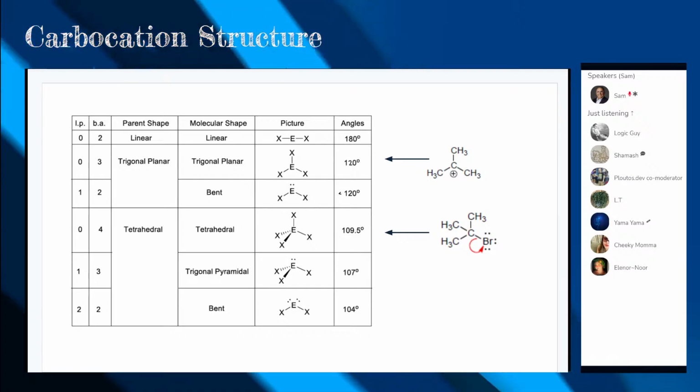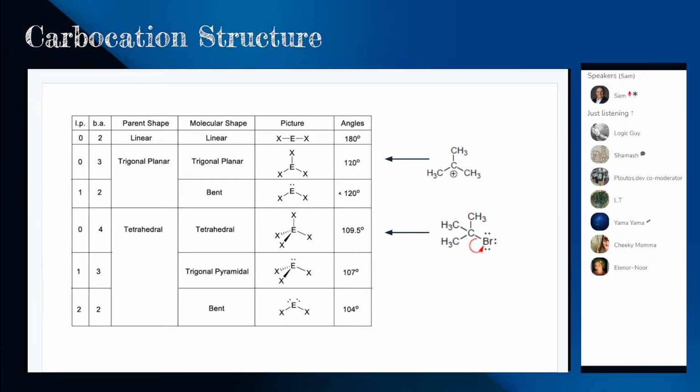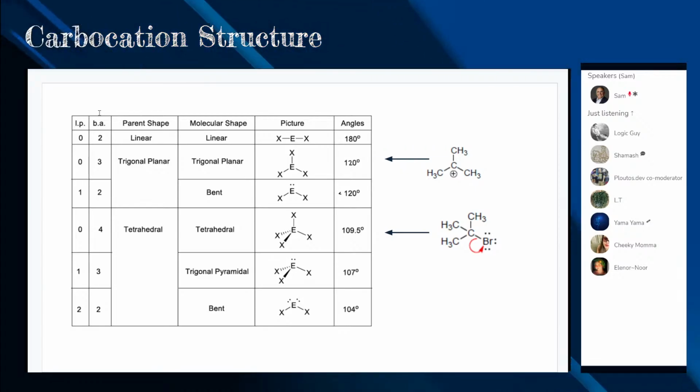whereas the T-butyl bromide that we saw has 4 substituents around the central carbon. All of them are single bonded, and so it's the EX4 in the picture, and so it's a tetrahedral.